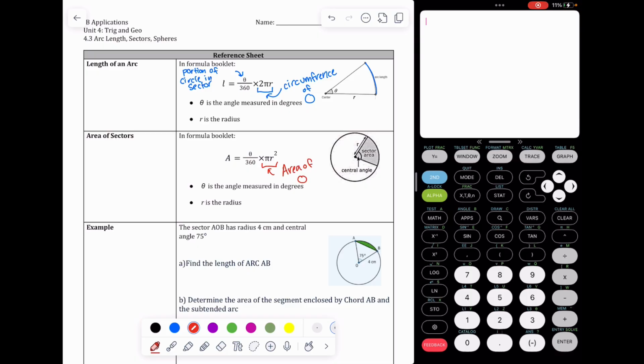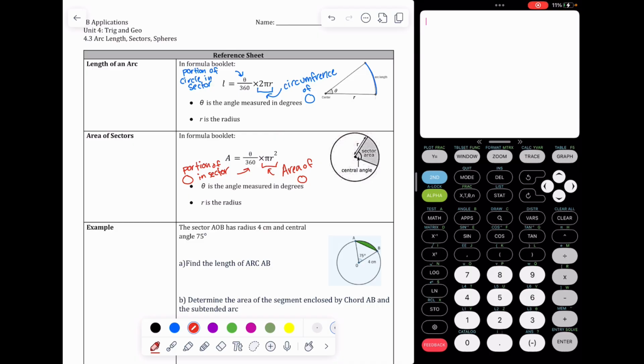And then, like last time for sectors, we just have to multiply that by the portion of the circle in the sector. And we've got the radius and the angle, and those will be the key pieces of information that we need.